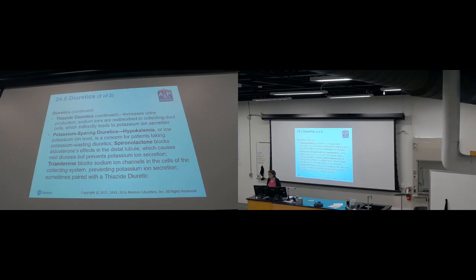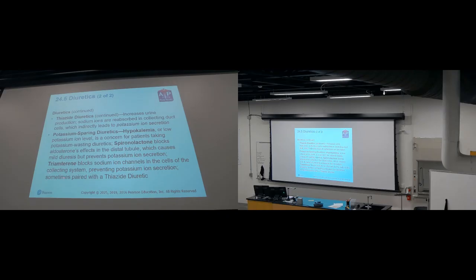And then some diuretics, like the thiazide diuretics, can unfortunately have an indirect effect on potassium secretion. So a person will lose water but can also lose potassium, and that is not good for the body. So we have types of diuretics called potassium sparing diuretics, which prevent the loss of this potassium.